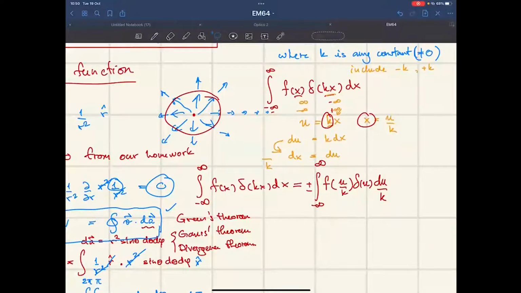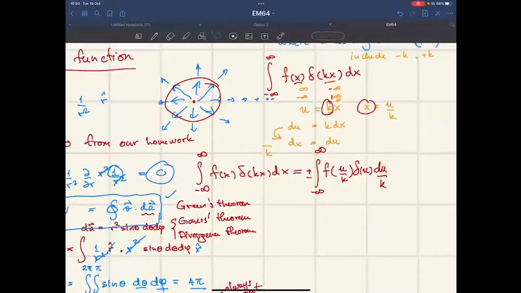No? Okay. So in this case, our Dirac delta function is u, where u in the function is 0, right? So this thing becomes equal to plus and minus integration. I don't need the integration anymore, I just do the integration.